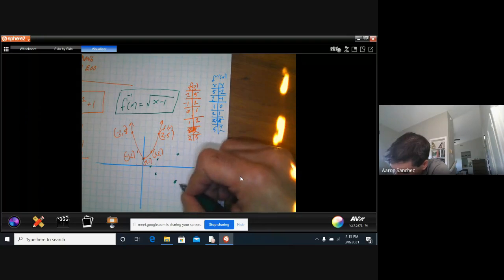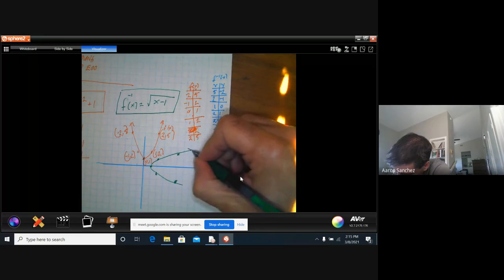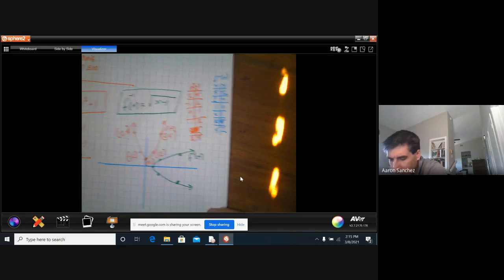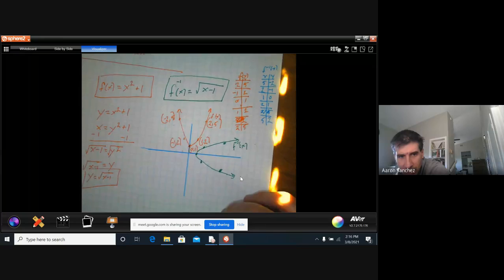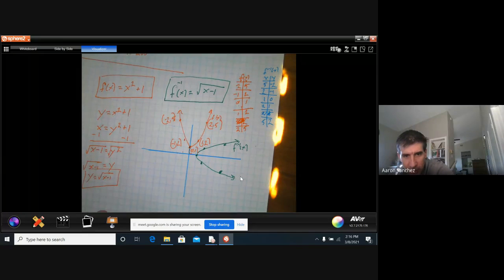Now look at this. Here's what the inverse looks like. Inverse of f of x. A couple things about the inverse. I just showed you three things about the inverse, I think. Number one, if you're given the equation of the function to find the inverse, you switch the x and the y and you solve for y.